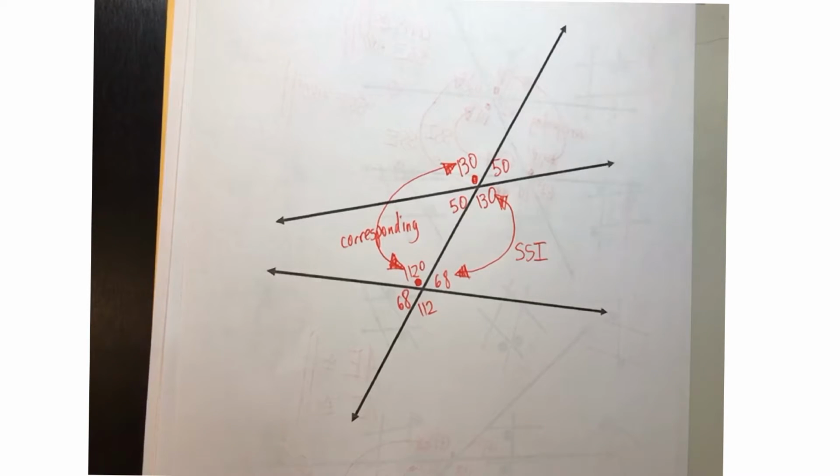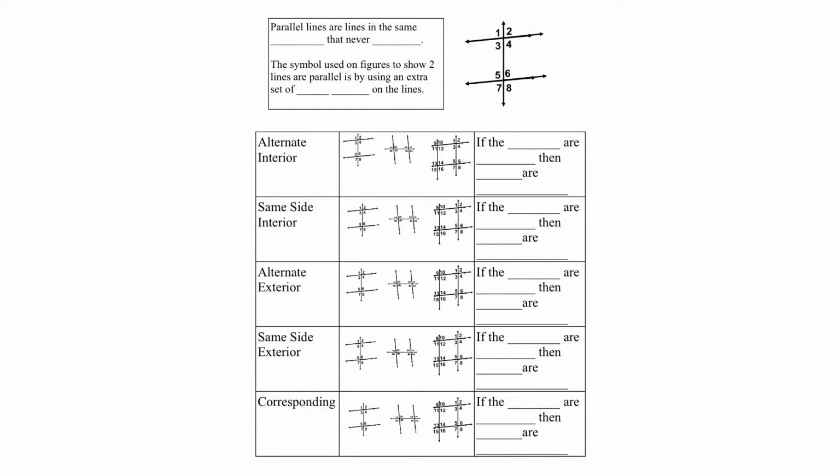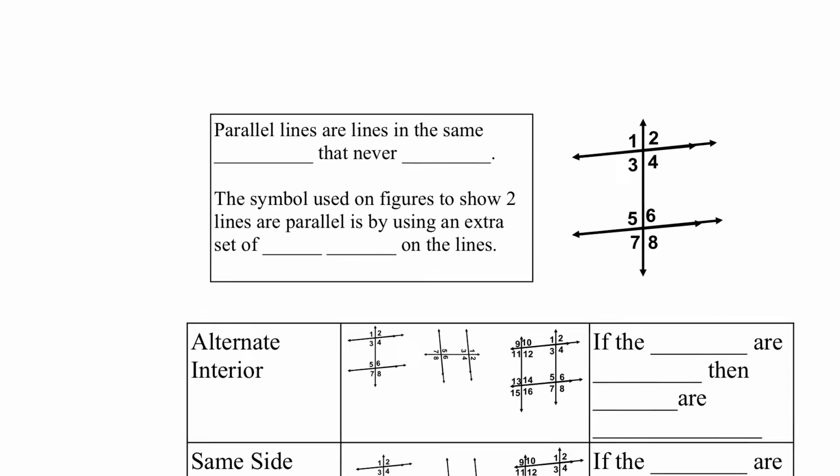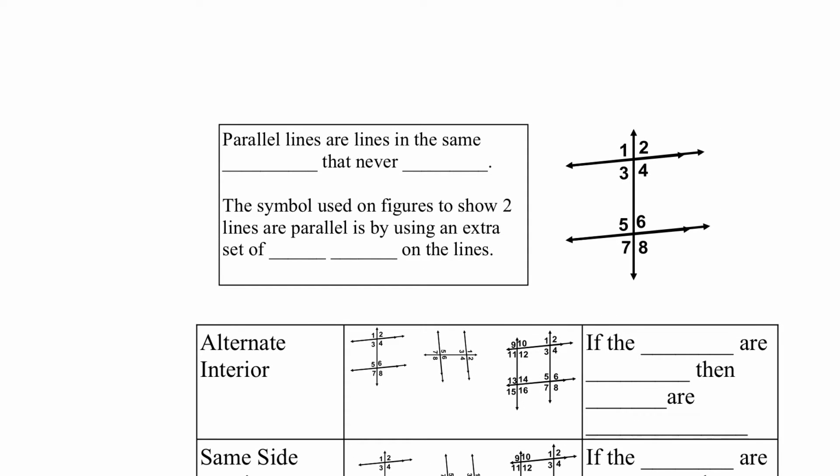Okay, so now what I want you to do is to flip it over and let's look at the back. All right. So parallel lines are lines in the same plane that never intersect.